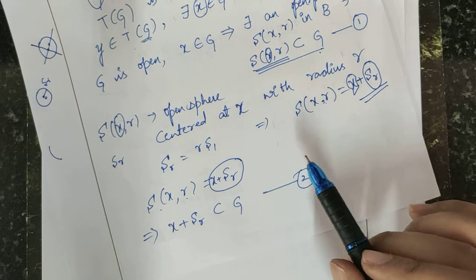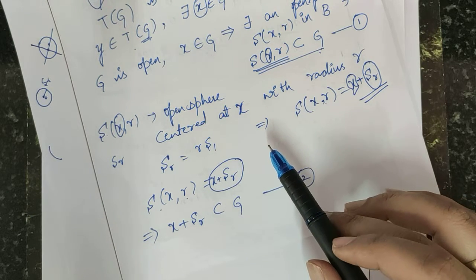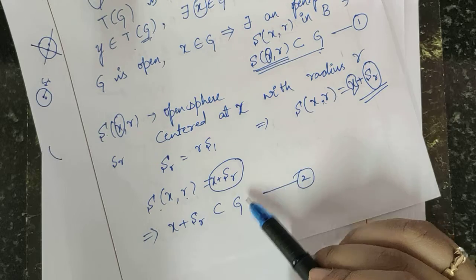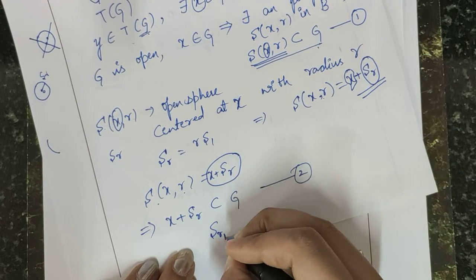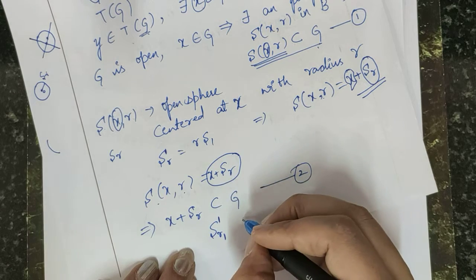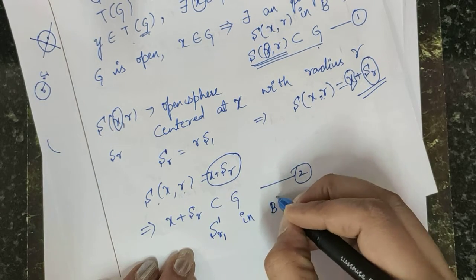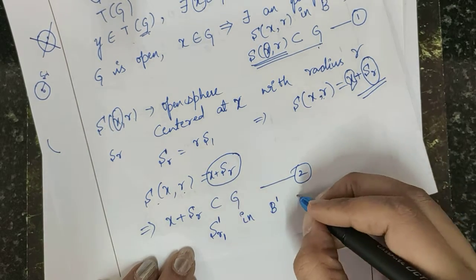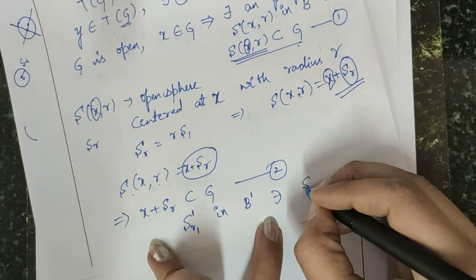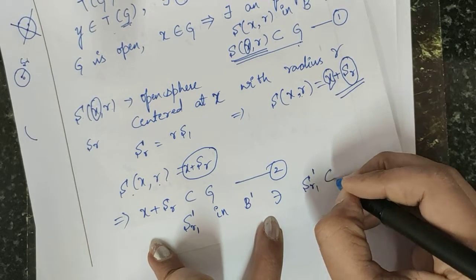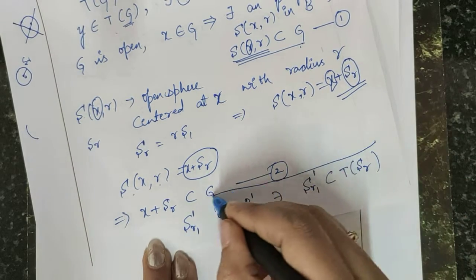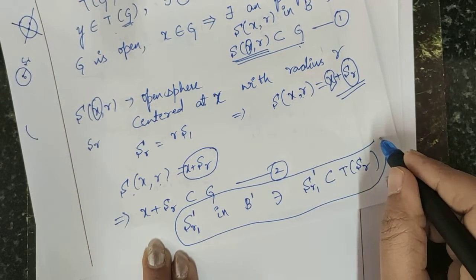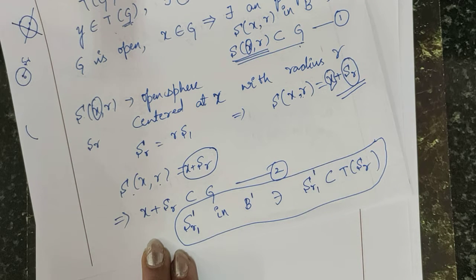From your previous theorem, that is from the lemma, I can say that there exists one more open sphere, say SR1 prime in B prime, such that SR1 prime is a subset of T of SR. This statement is exactly from your previous lemma.